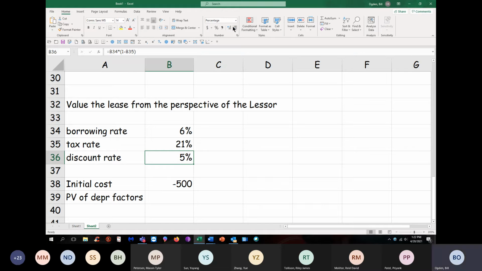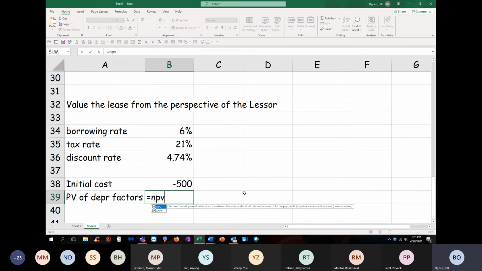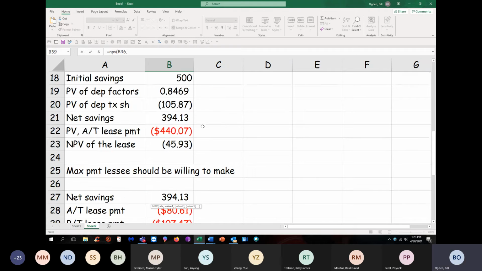Okay, we should display decimals here. This is actually 4.74%. Okay, there we go. All right, so present value of the factors. So equals NPV, after-tax borrowing rate, comma, and let's go up and get the factors one more time.